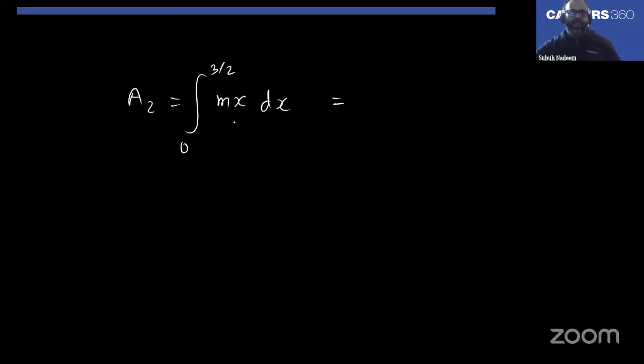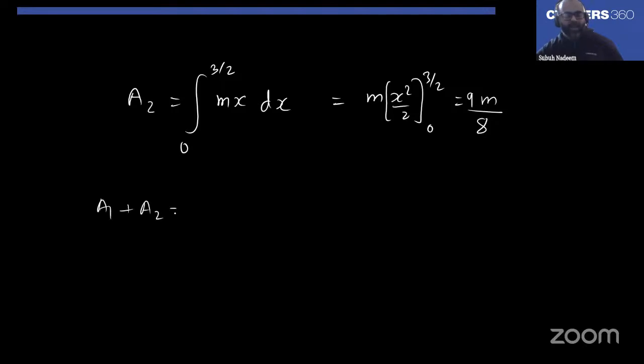So this will simply become m x square by 2, from 0 to 3 by 2, which will become m times 9 by 8, 9m by 8 it will become. Another term will be 0.